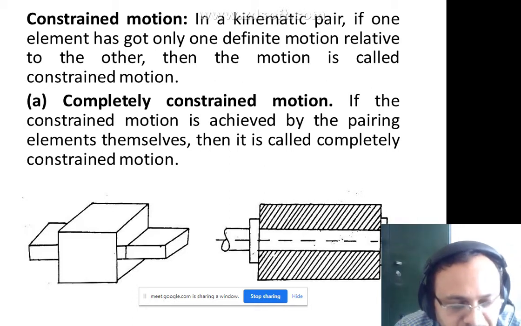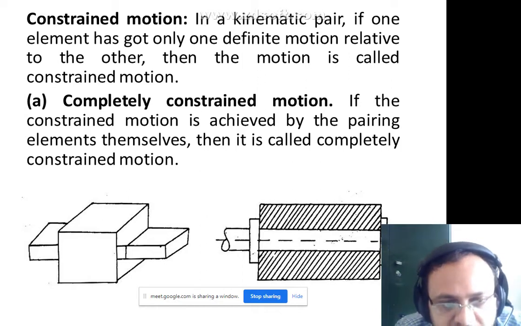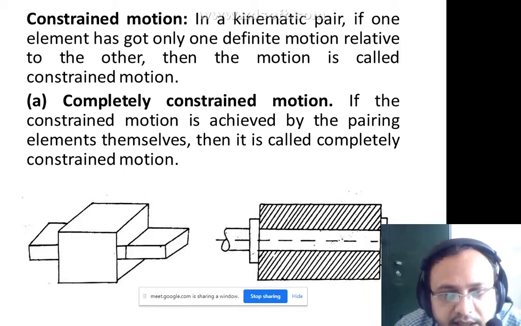For example, if you keep a book in your hand and leave it as it is, it is not having any motion. But when you take the book and slide it on your hand, then you can say it has sliding motion, and that motion is relative between your hand and the book.